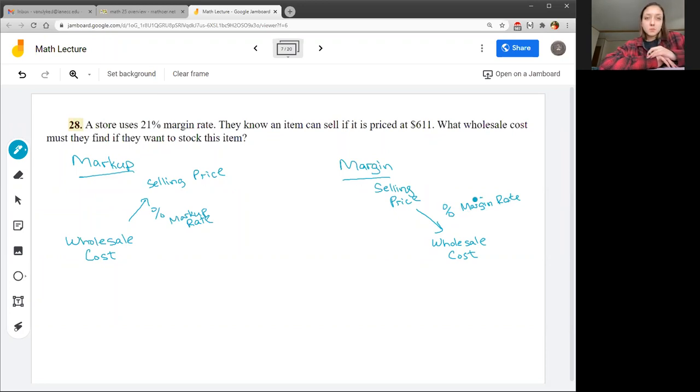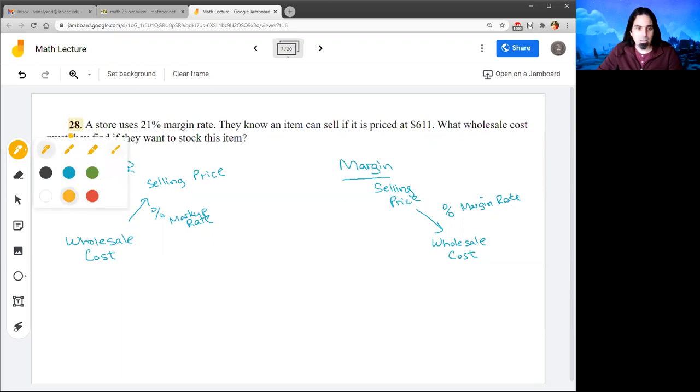And for the margin rate, we multiply the selling price by the percentage, because the selling price is what this outlook considers as the original, the thing we're focusing on. So again, if you're doing markup, then you multiply those 2. If you're doing margin, then you multiply these 2.